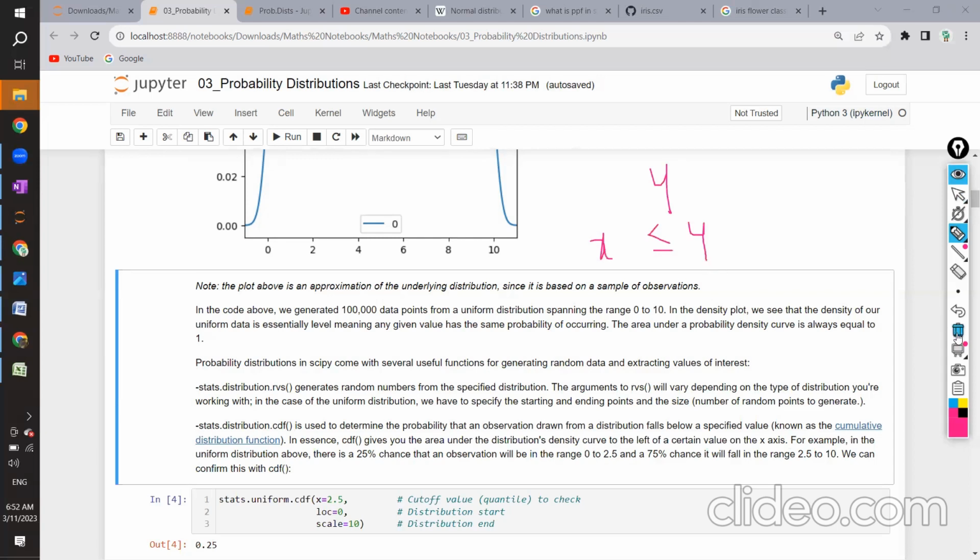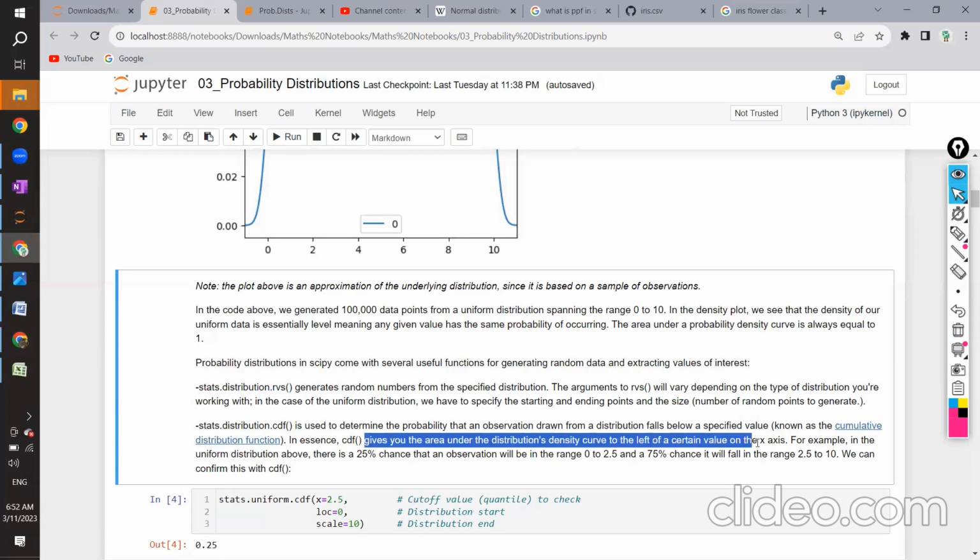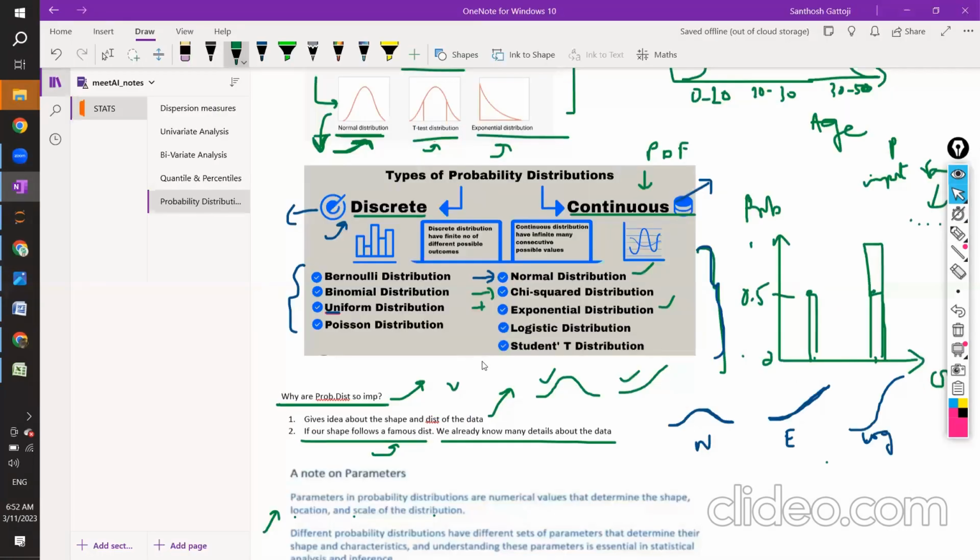In essence, the CDF gives you the area under the distribution density curve to the left of a certain value on the x-axis. Same thing which we have seen the other day.